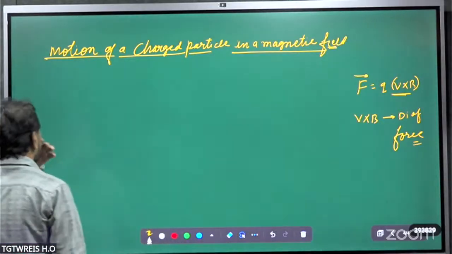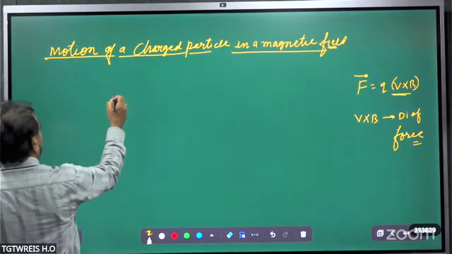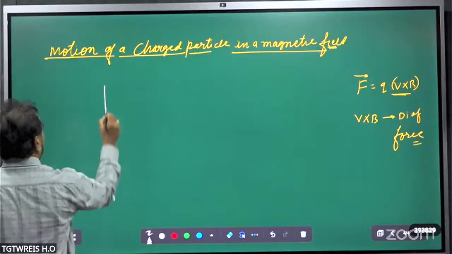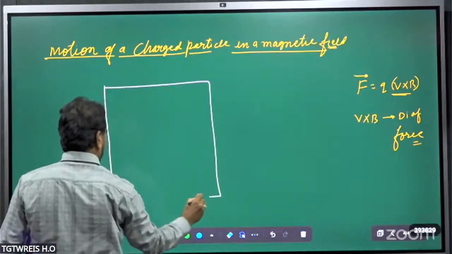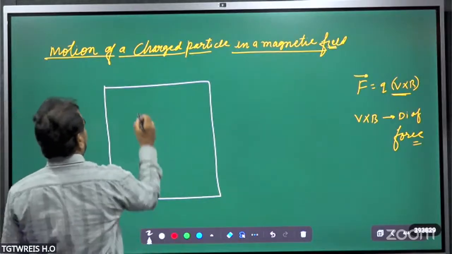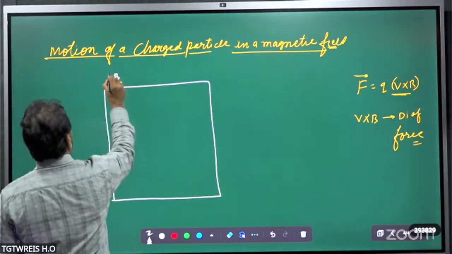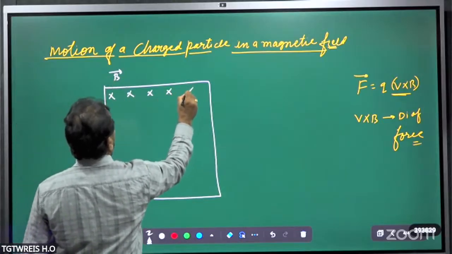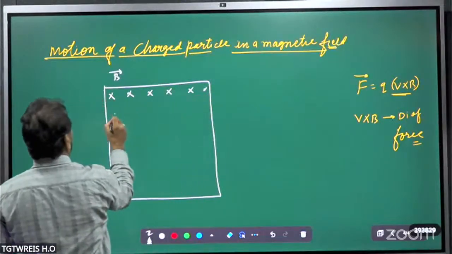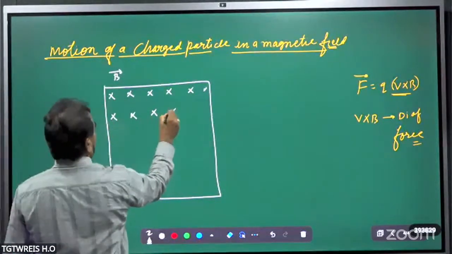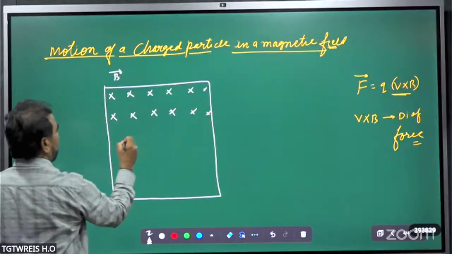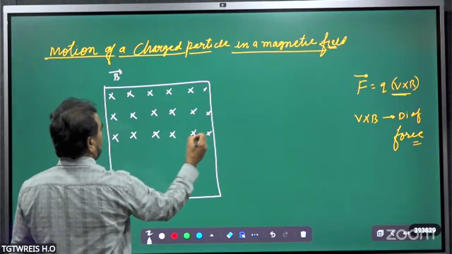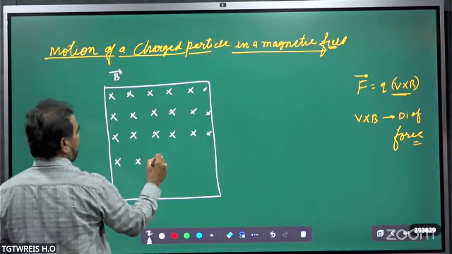Suppose we consider a magnetic field here. This is a magnetic field having the magnetic induction B. The field is acting inwards, perpendicular to the plane of the paper, like this. This is a region of uniform magnetic field. Is it clear?